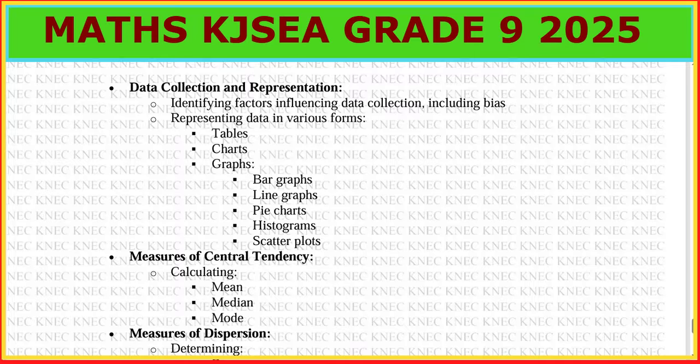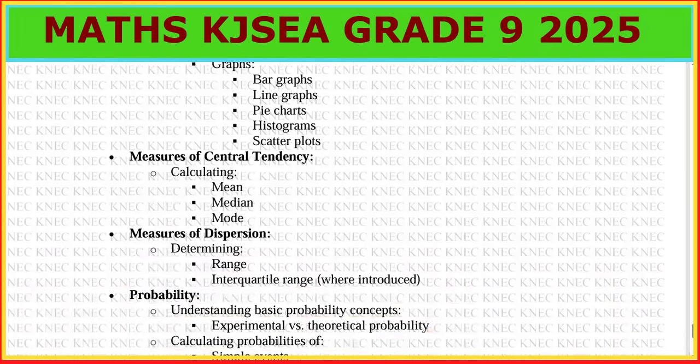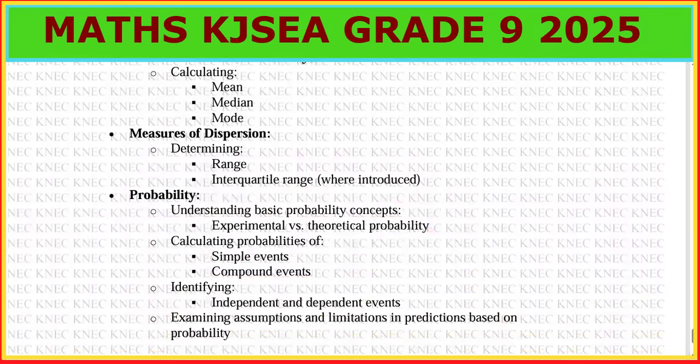Mean means average. You add all the marks, then after that you divide by the number of learners. Then median is the middle number, and then the mode, the most occurring number. Measures of dispersion: range, interquartile range.